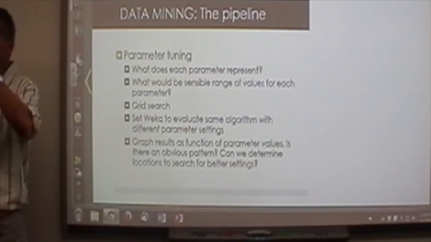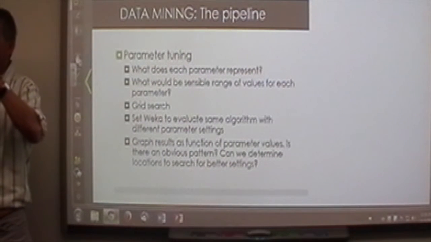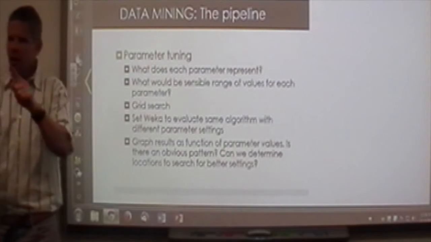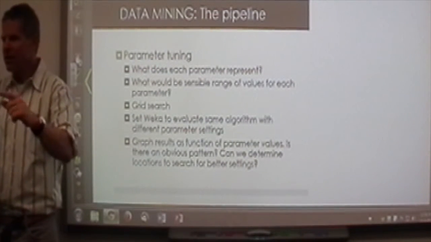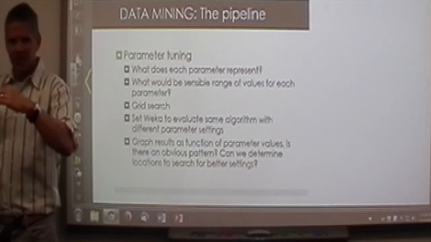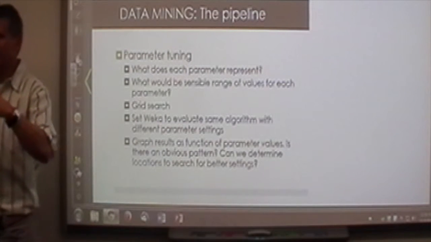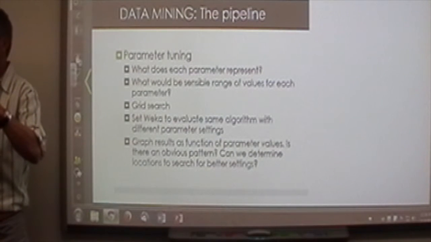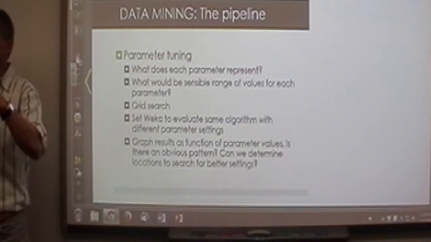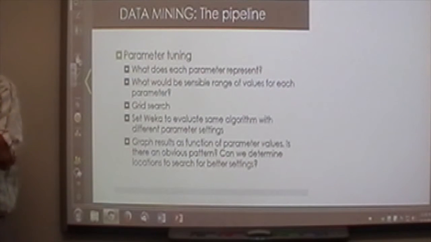So you have to be careful. How many are you adjusting by, and how many of those parameters are you going to use? Because 11 to the 10th is going to take one heck of a long time. So that's not necessarily feasible.